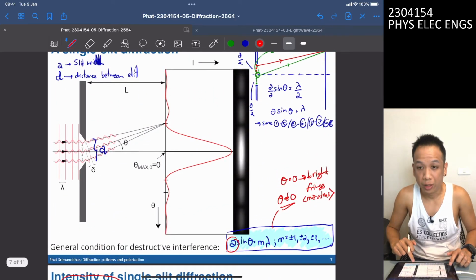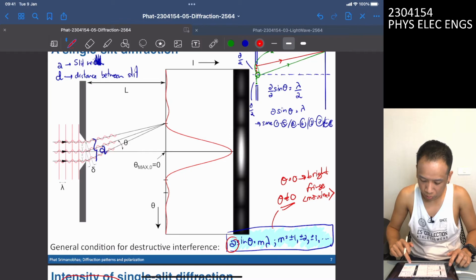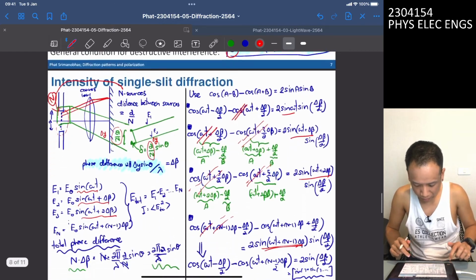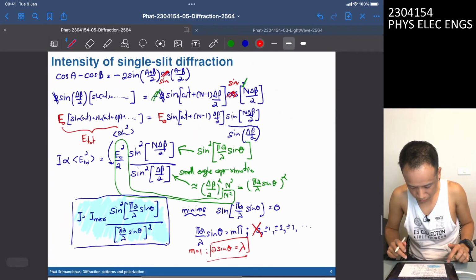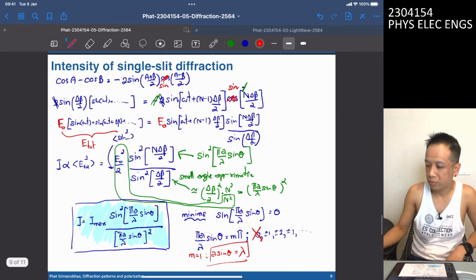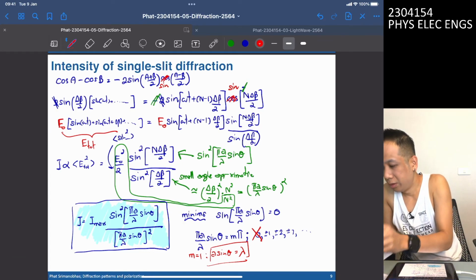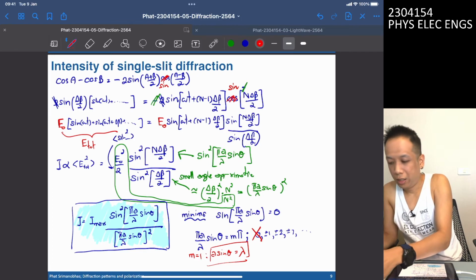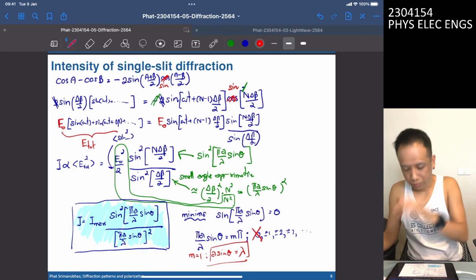A sine theta equal to plus and minus 1 lambda, plus and minus 2 lambda, and so on. And you see that from this formula, you never get a sine theta equal to 0. So let's be careful.